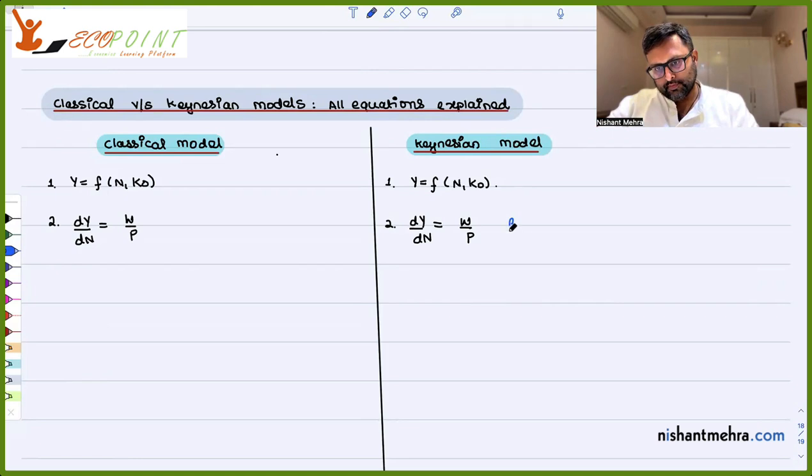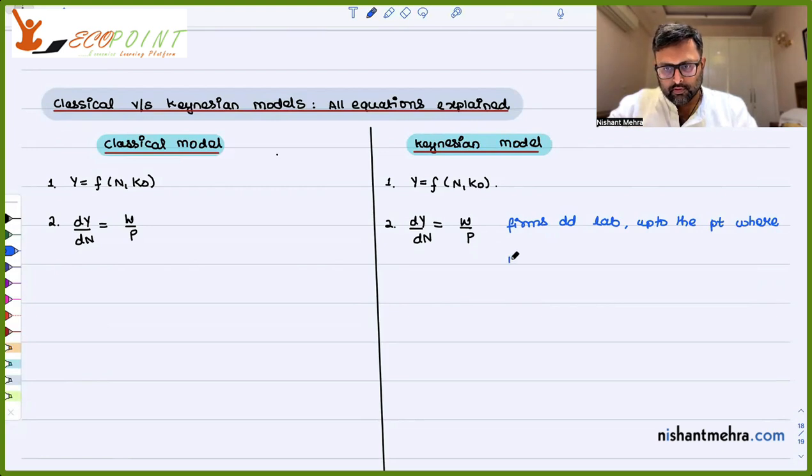So firms demand labor up to the point where marginal product of labor is equal to real wage.